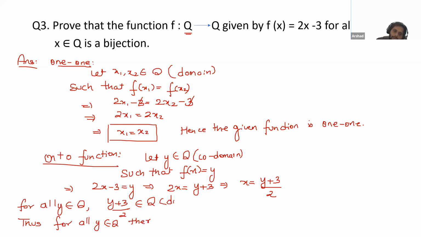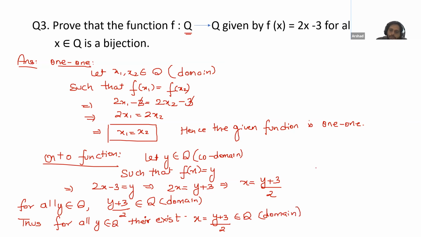This is domain. There exists x is equal to (y plus 3) by 2 belongs to Q, okay, domain.